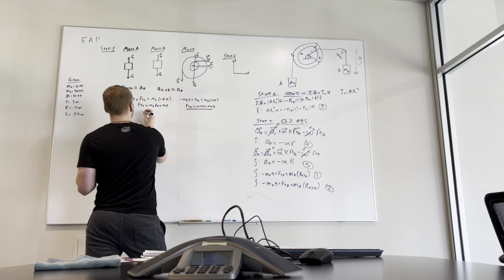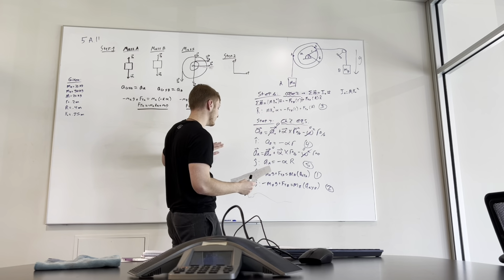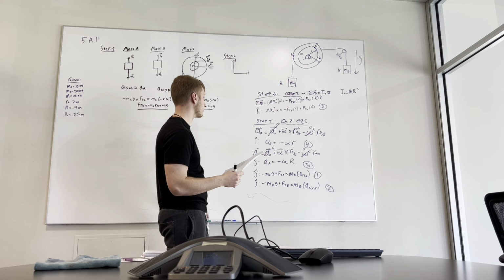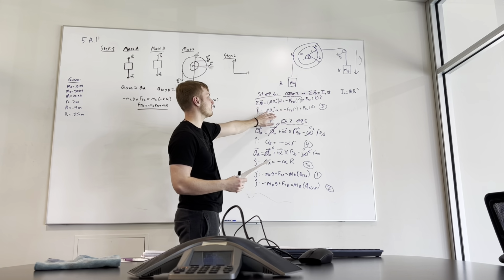And then now that we have these two new equations, we can plug in FTA and FTB into scalar equation 3 to be able to solve for alpha.